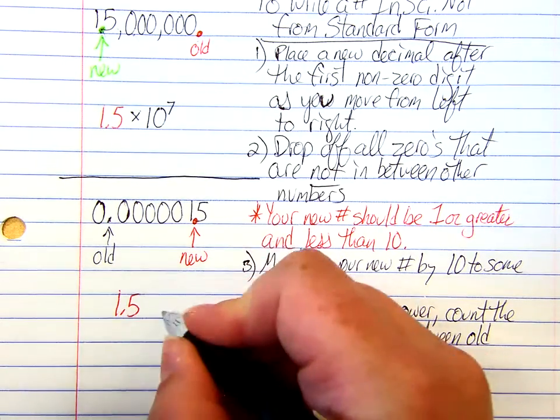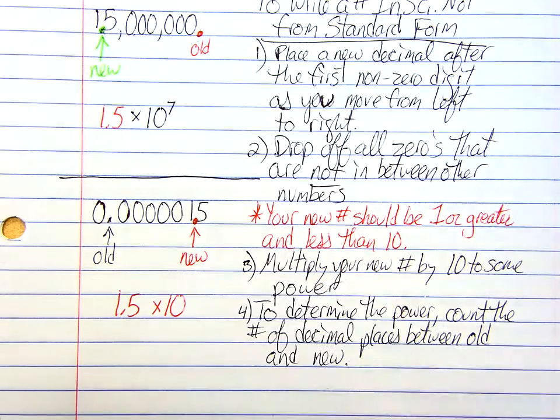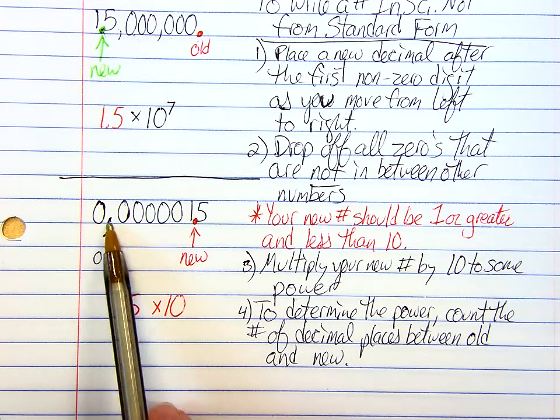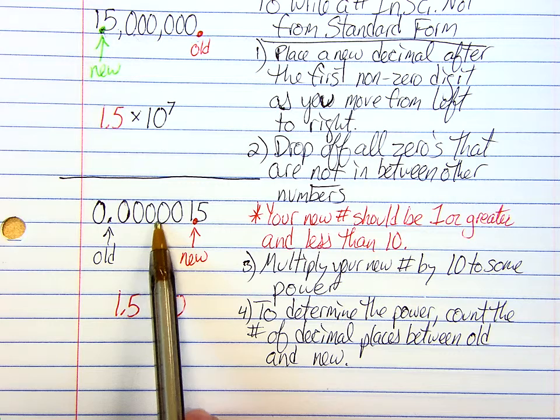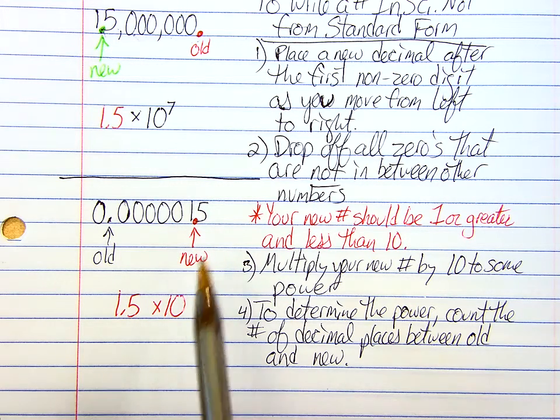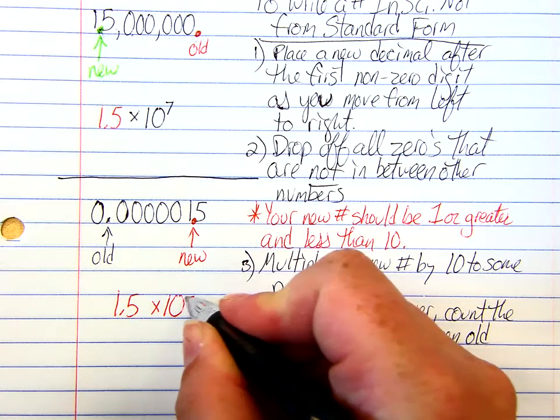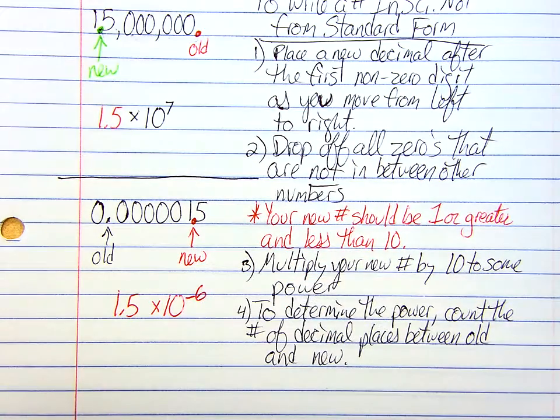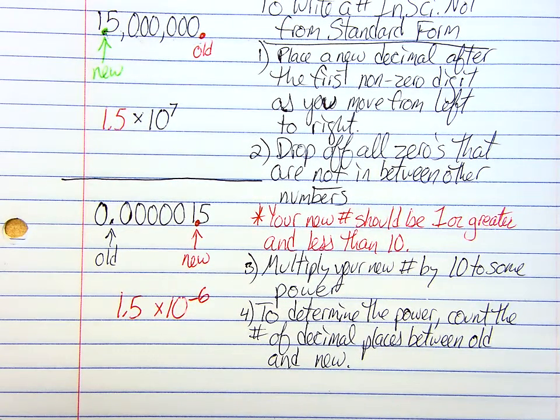So I'll do 1.5 times 10 to the, now because this is a small number, a number that was less than 1 to begin with, we need a negative exponent. So I'm still going to count the spaces in between, 1, 2, 3, 4, 5, 6, but I have to give it a negative exponent. So that will be 1.5 times 10 to the negative 6th power.